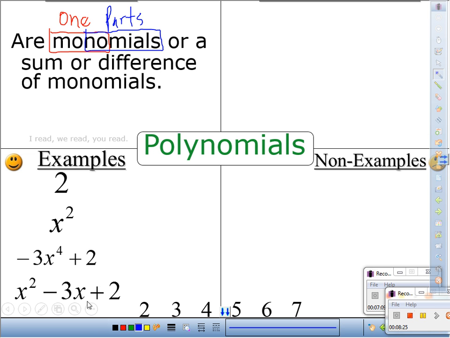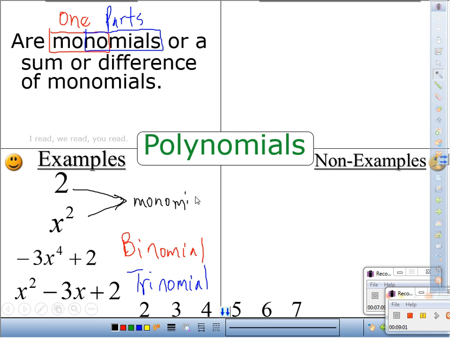If this one has three parts, therefore it's tri, and since these are called parts, it's nomial. Look at this one. Once you finish riding a tricycle, you went into a bicycle, which has two wheels. This one has two parts, so this is binomial. And we said these right here, these two are called what? Monomial. Copy that, please.